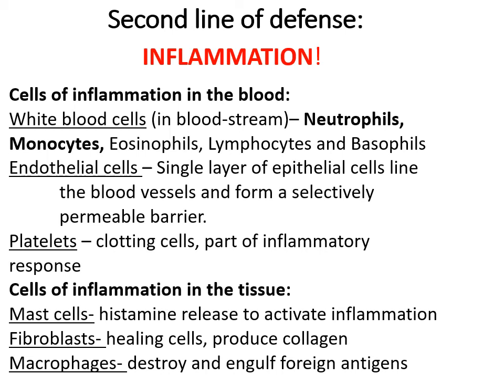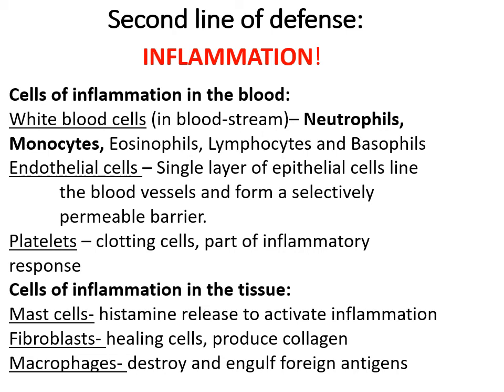Okay. There's also platelets in the bloodstream, and platelets are the initial cells that form a clot to stop the bleeding. Okay, so they're part of the inflammatory response too, because they form the initial what's called platelet plug to stop bleeding at the site if there is bleeding.